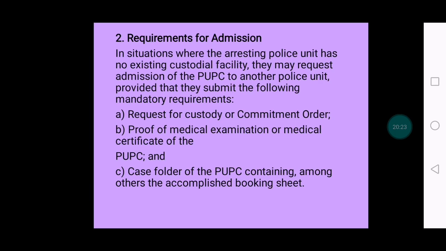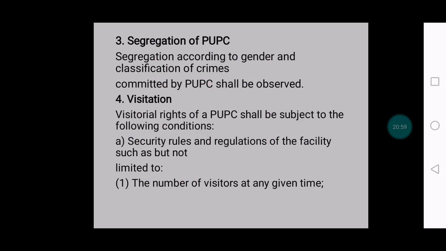Requirements for admission. In situations where the arresting police unit has no existing custodial facility, they may request admission of the PUPC to another police unit, provided that they submit the following mandatory requirements, such as request for custody or commitment order, proof of medical examination or medical certificate of the PUPC, and the case folder of the PUPC containing, among others, the accomplished booking sheet.